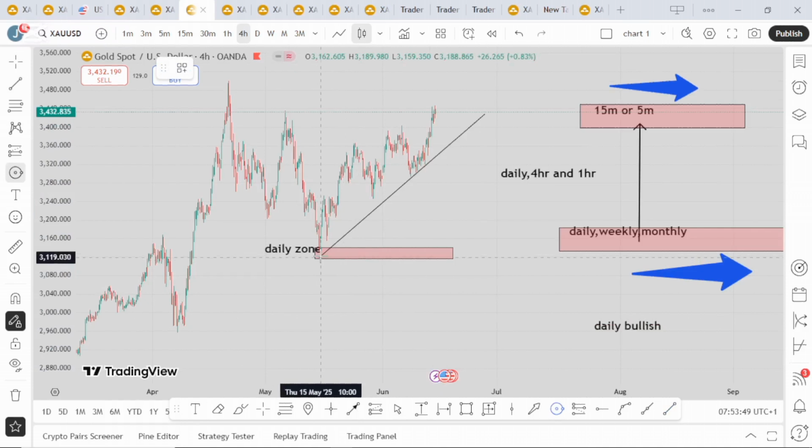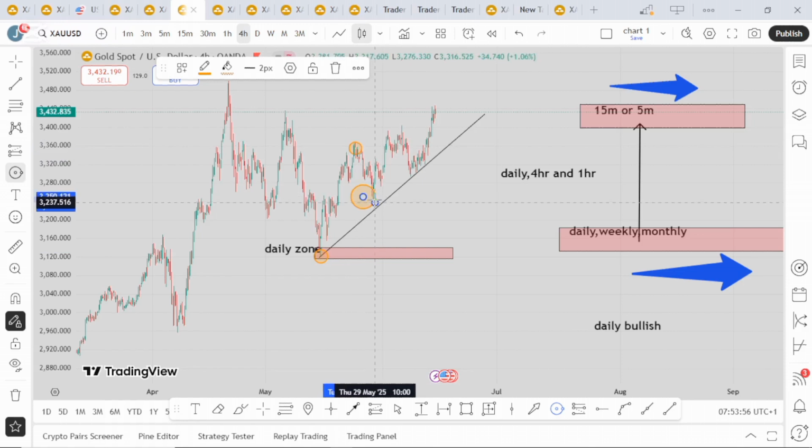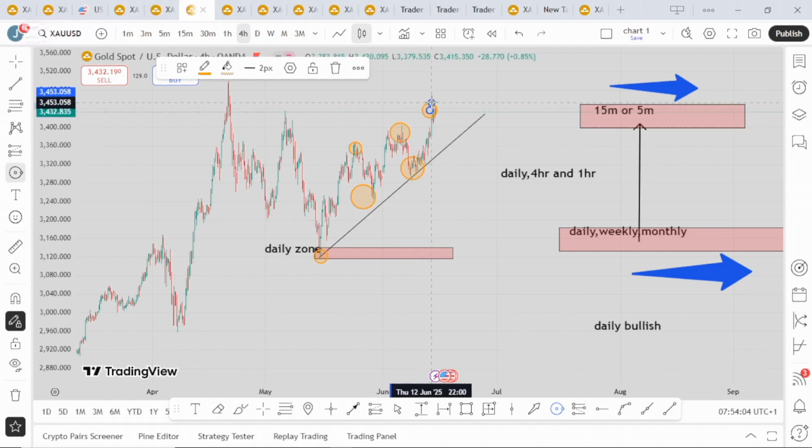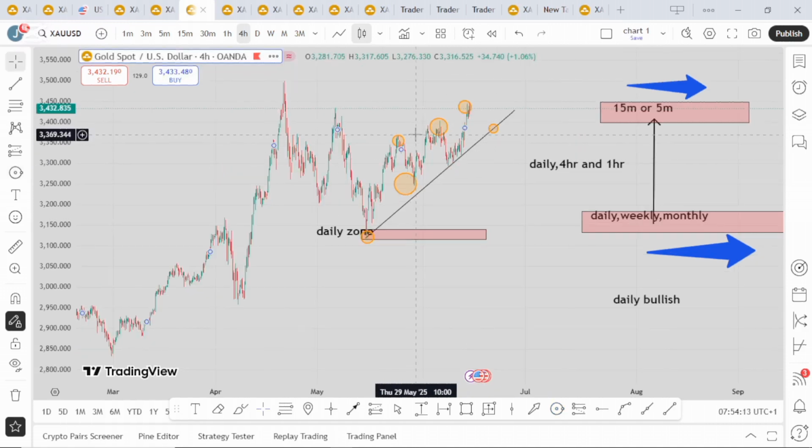This is the low, the daily zone low. This is the high. This is another low, and now this is the high. So it's possible for me to see a low around here. So in the 4 hours time frame, it is also bullish.